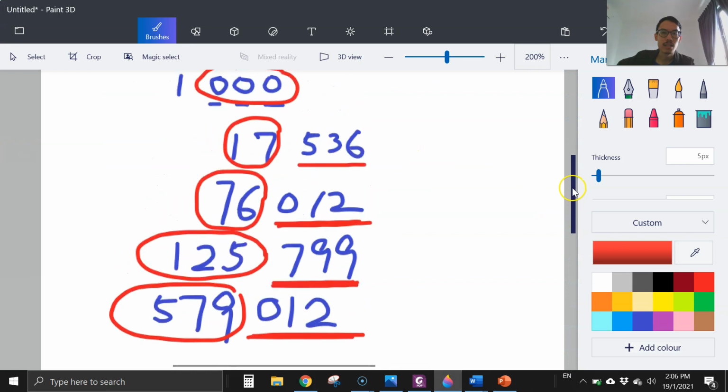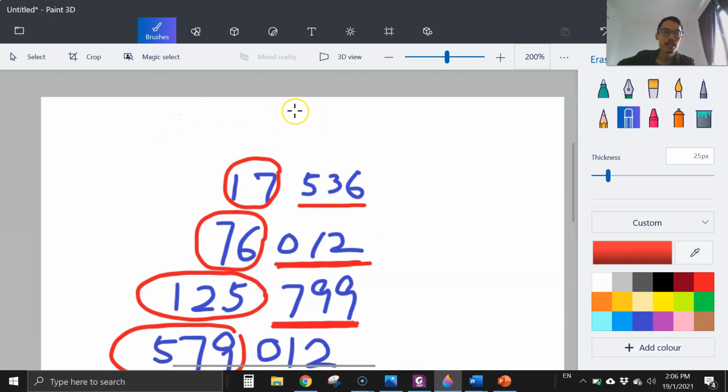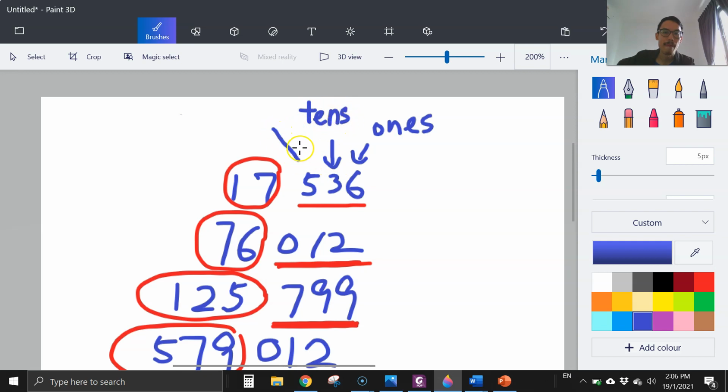Now, if you still remember your place value, nilai tempat, the last number is ones. Nilai tempat sa. The second number is tens, nilai tempat puluh. And then the third number is hundreds, nilai tempat ratus.